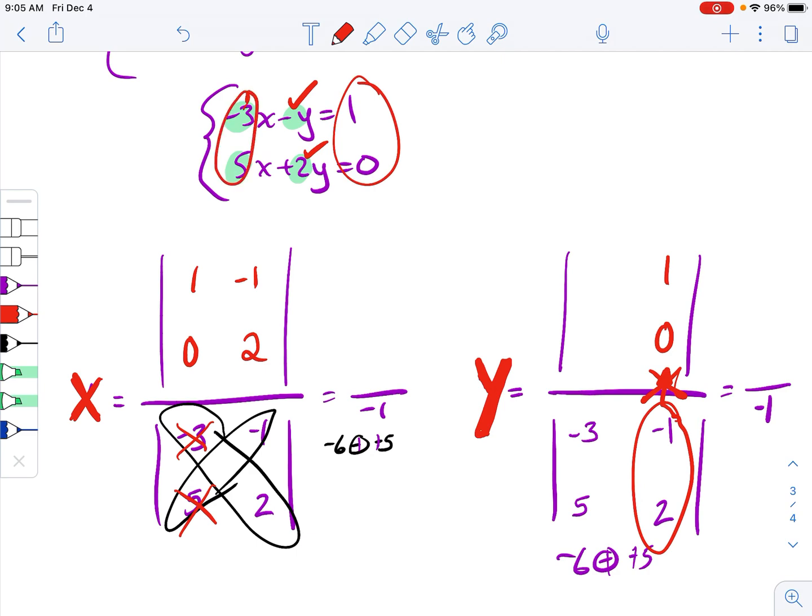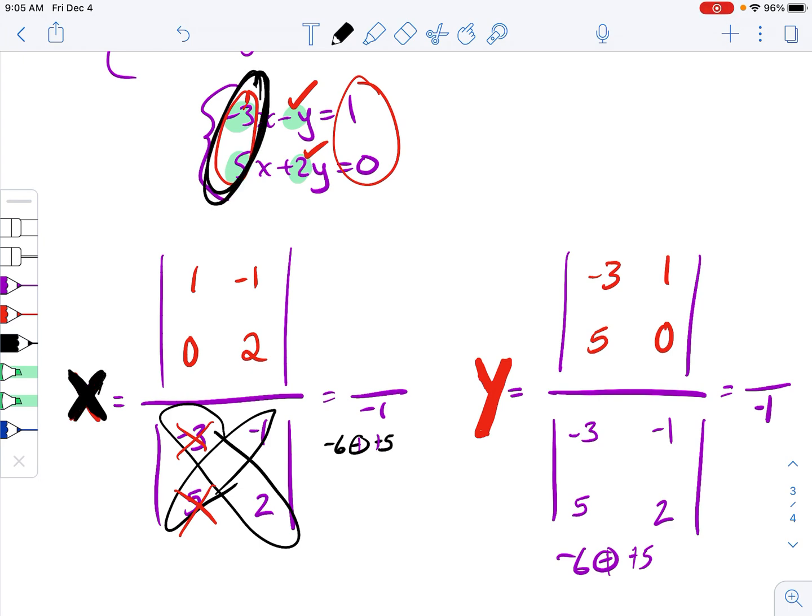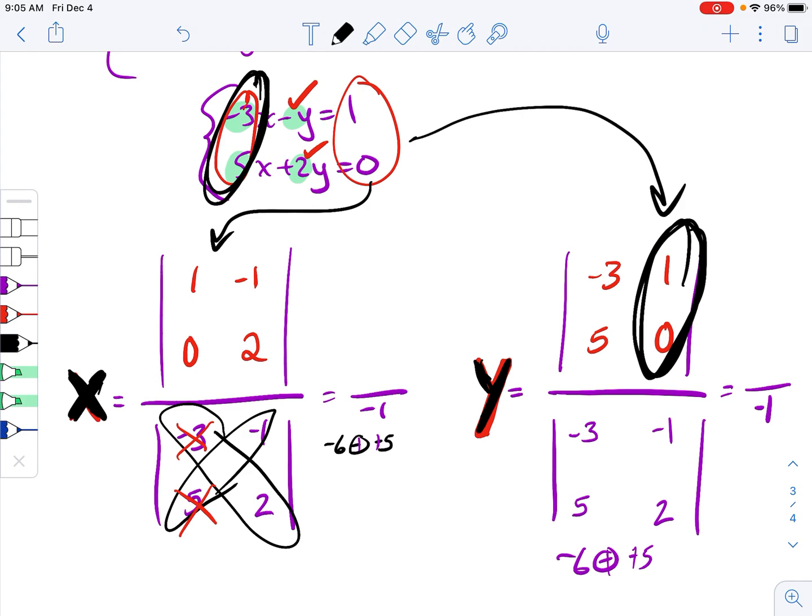My coefficients for x, though, will continue to be there as you would expect them to. So remember, when you're trying to find x, you do not use the x coefficients. Instead, you use your constants. When you're trying to find y, you do not use your y coefficients. Instead, you use the constants.